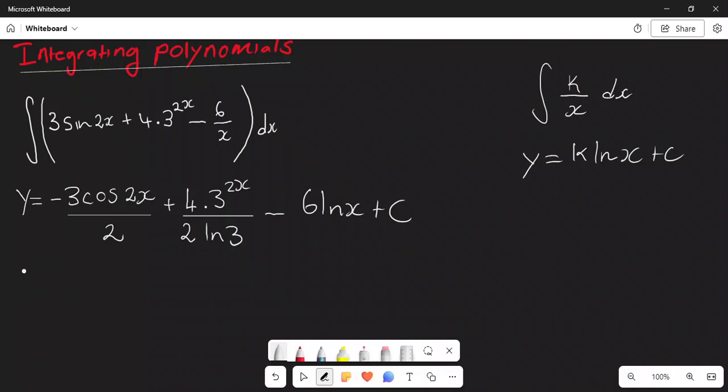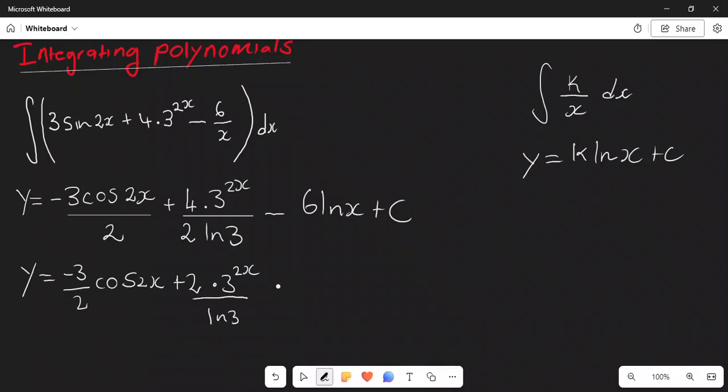Now as you can see, there is something that we can continue doing here. We can say 3 over 2 cos 2x, then we can say 4 over 2, so plus 2 here, multiplied by 3 to the power of 2x over natural log 3.